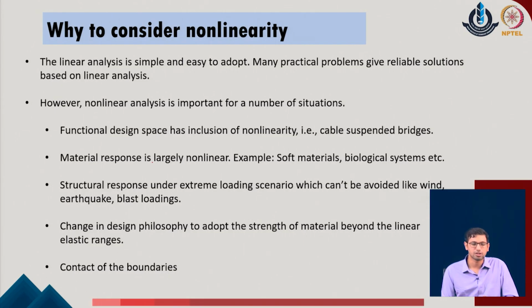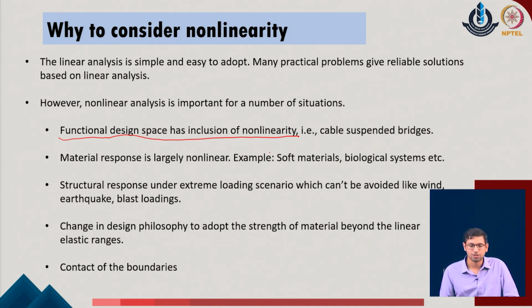The one is the functional design space may sometimes require us to have the inclusion of the nonlinearity in the system. So, as we asked in a very basic point in the last slide itself, that a cable based structure is supposed to have displacements which will be significantly large. Any slender structure will be subjected to the displacements which will be significant with respect to the overall dimension of the given system.